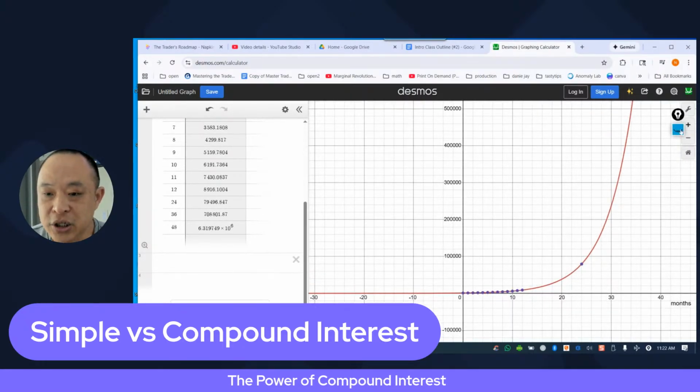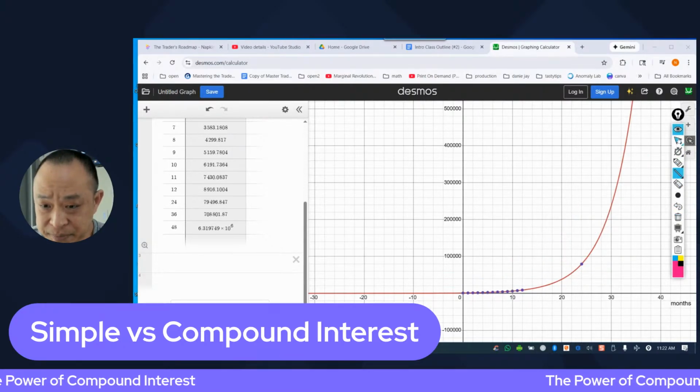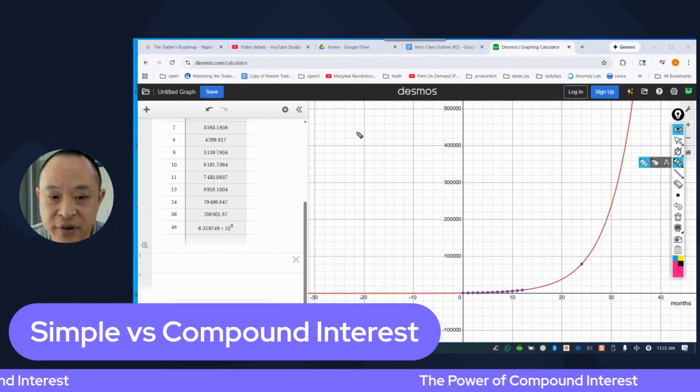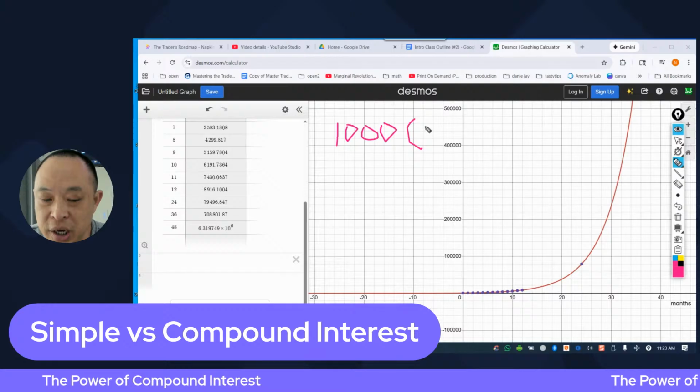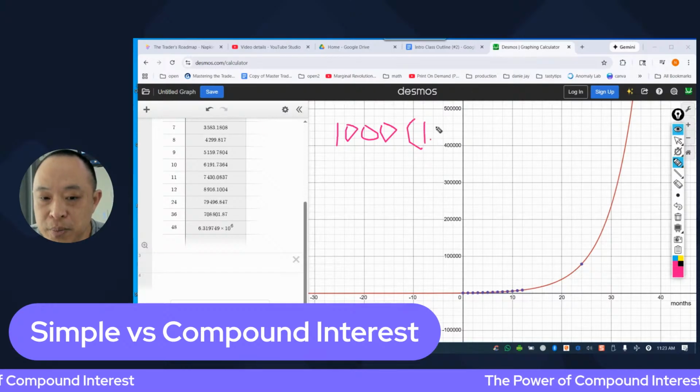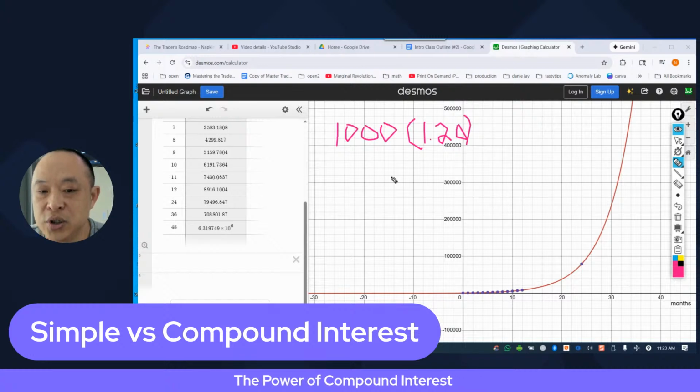So let me just quickly show you why this occurs. Because remember, if you start off with $1,000, right? After one month, you multiply it by 1.20. That equals 1,200.